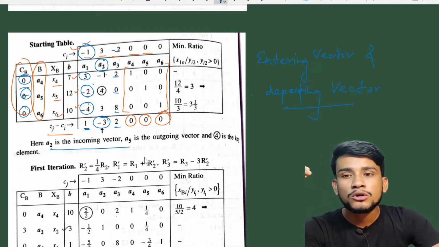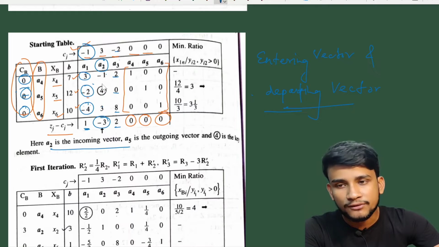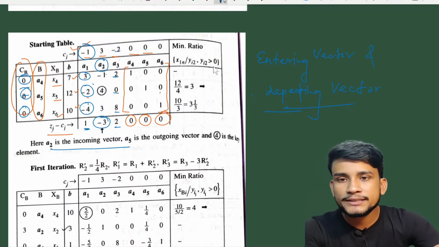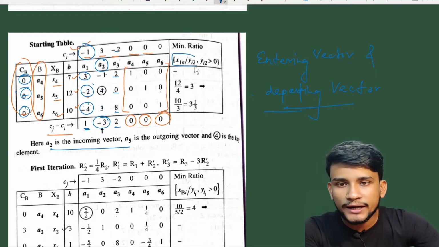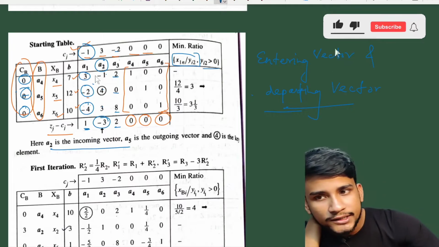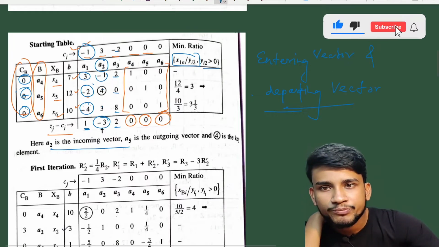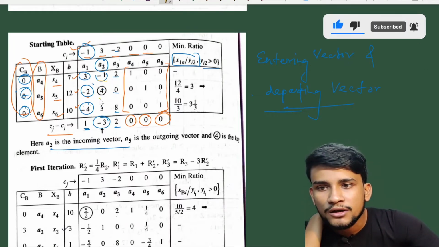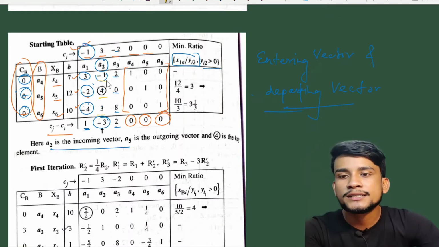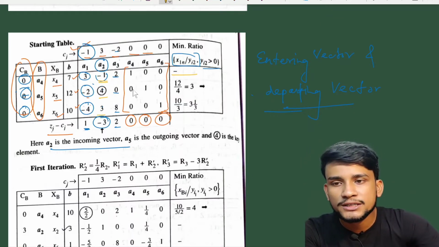Now to find the departing vector, we need to find the min ratio corresponding to this vector. The min ratio is xB by yi2, where yi2 is greater than 0. yi2 means these elements, -1, 4 and 3. Since this is a negative term, we avoid it.